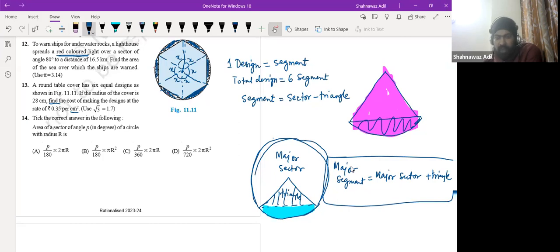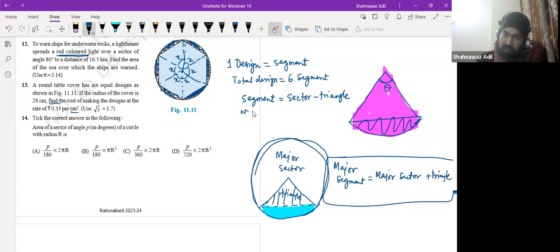Yes. Okay, so now what was the question? Sector minus triangle. So we have to find out sector minus triangle. To calculate this sector, we have to find out this angle. So how can we calculate? We know that this is 1, 2, 3, 4, 5, 6.